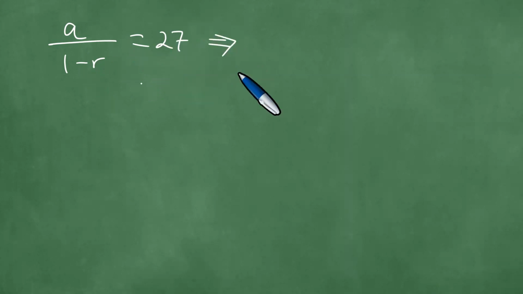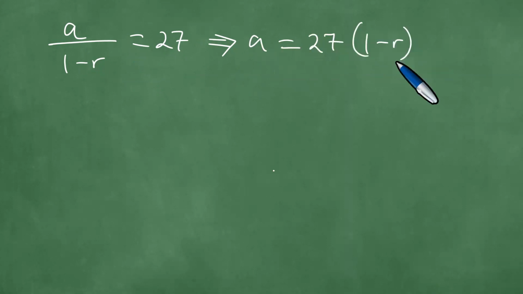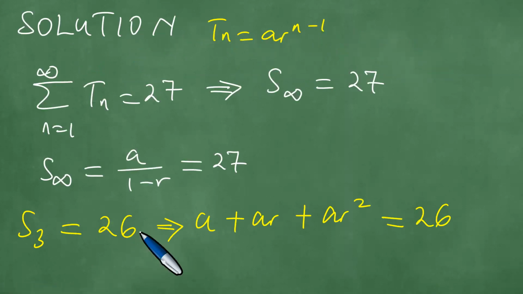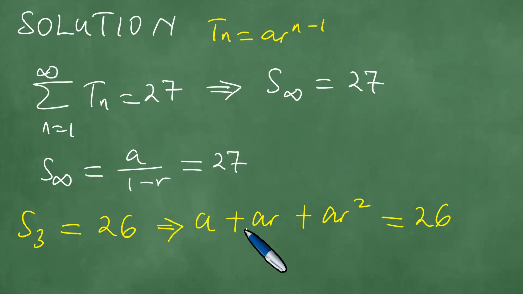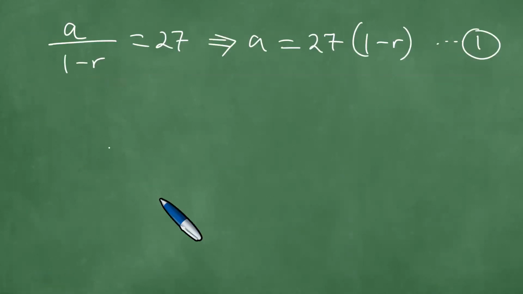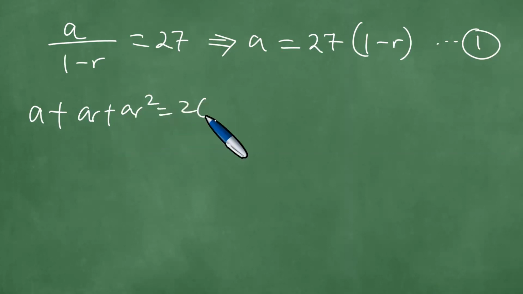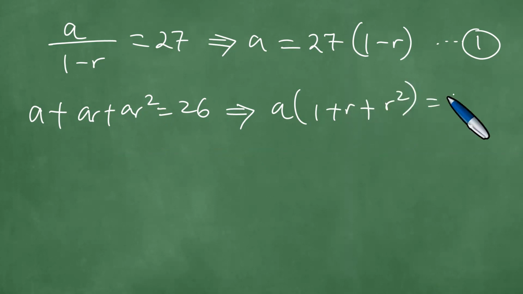You can cross multiply here, making A equals 27 into 1 minus R. Next, consider A plus AR squared equals 26, which is A into 1 plus R squared equals 26. We can call this one the second equation.